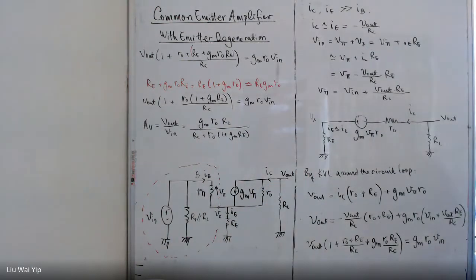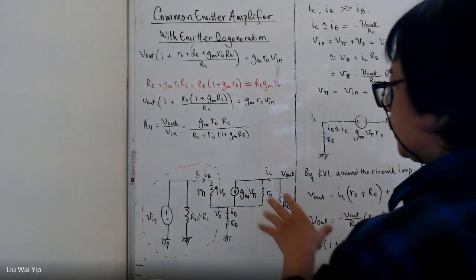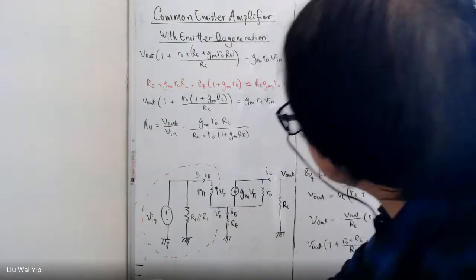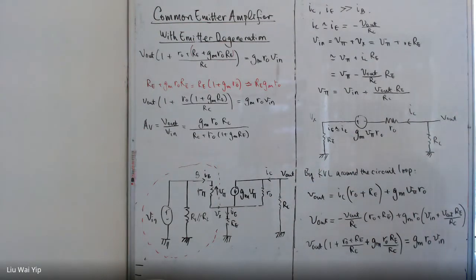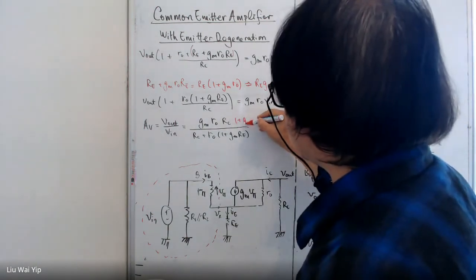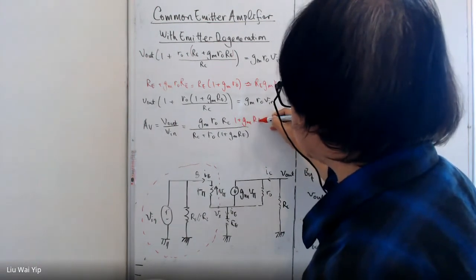Now, there's a trick to further simplify this expression. What we need to do is to multiply the top and bottom with 1 over gm RE.